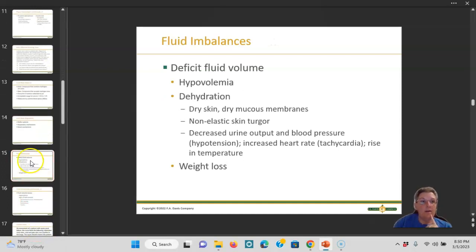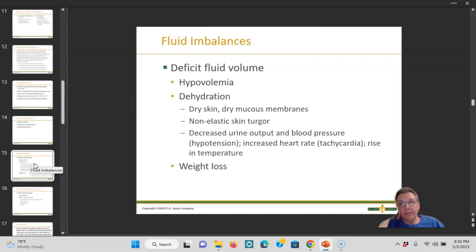When you have a fluid volume deficit, you're in hypovolemia, low fluid volume. It's also considered dehydration. Key signs are dry skin and dry mucous membranes. They'll be licking their lips a lot because their skin is so dry. Non-elastic skin turgor: when you pull up their skin and let it go, it takes more than 2 or 3 seconds to return.